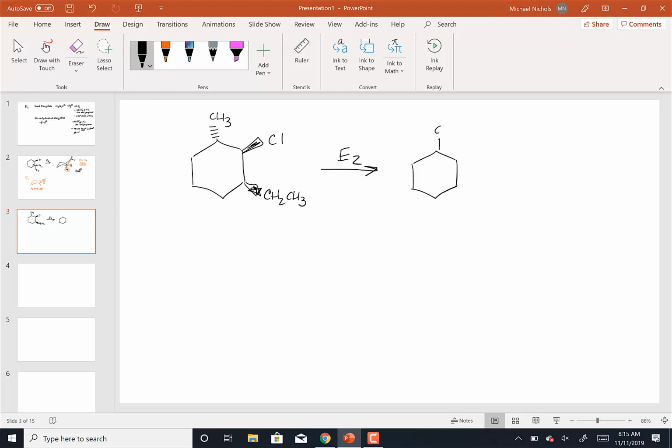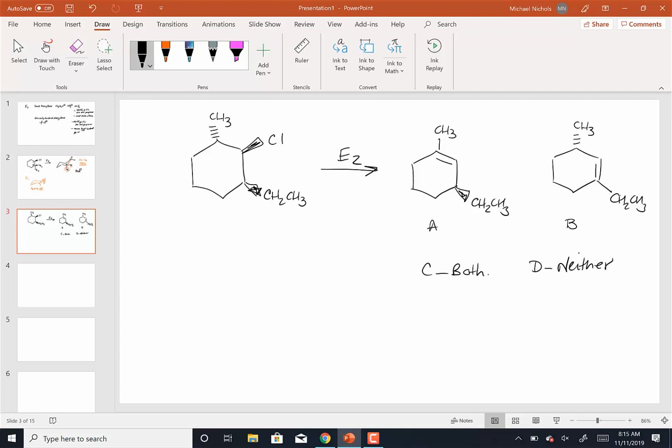I can either end up with the double bond on the top, or I could end up with the double bond to the ethyl group, or I could end up with both products, or I could end up with neither.